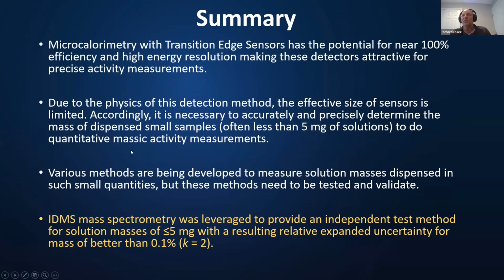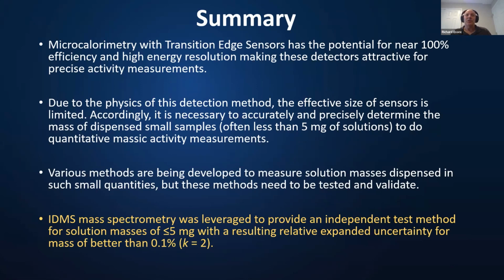But due to the physics of the method, we can't do relatively large samples, so we're going to need to quantitatively dispense a couple microliters, a few milligrams of material, to make these measurements. We're working with various methods to do this dispensing in a reliable way. But we needed to validate that these methods are working, and possibly calibrate specifically for the inkjet system.